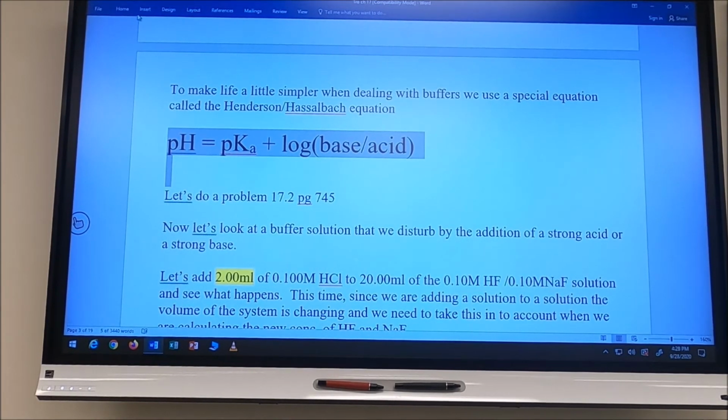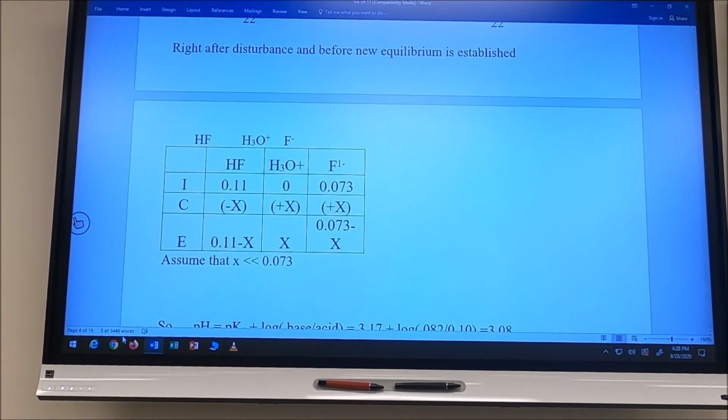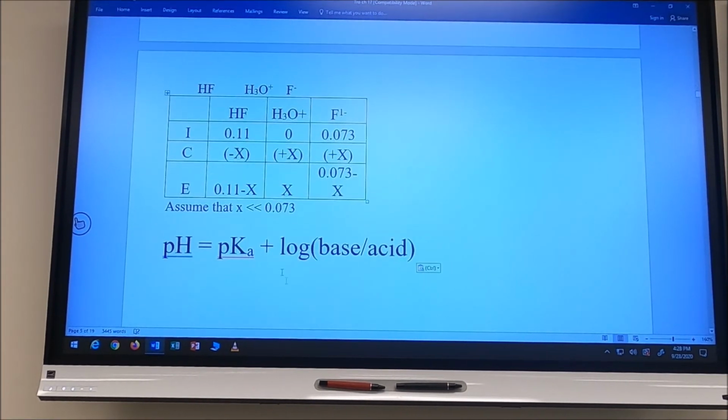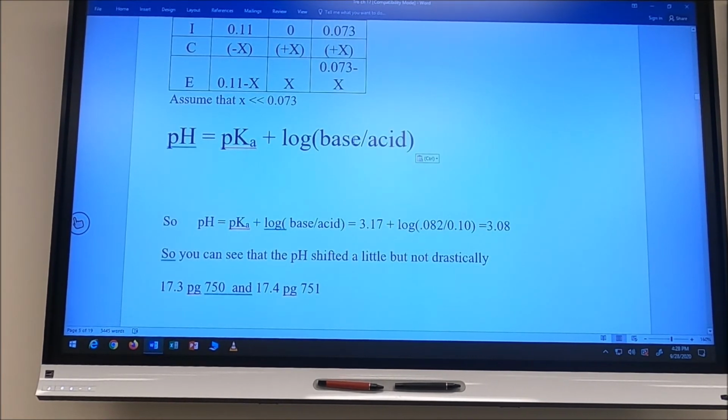So I'm going to copy this, take it down here, and we're going to paste it. Okay? So if I use this equation, the base concentration is going to be 0.073. The acid concentration is going to be 0.110. And there's the pKa for our acid.